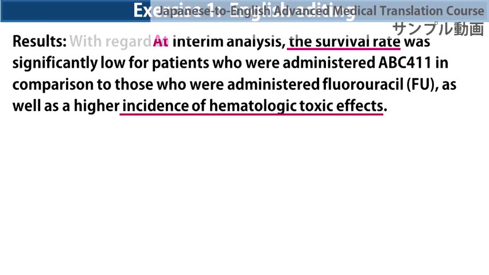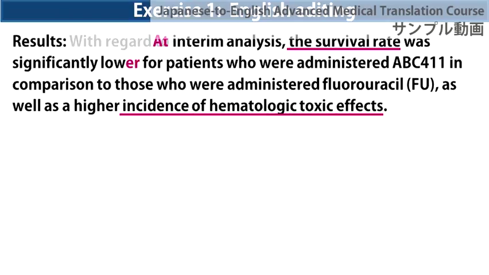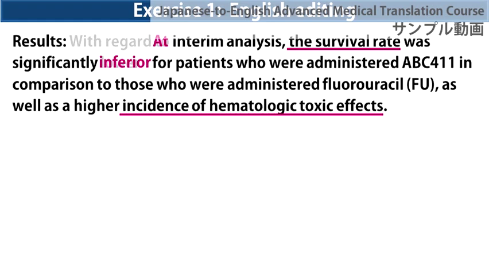Because it's a comparison, we should say lower rather than low. However, in this case, we can say significantly inferior. It sounds even better. And we want to use parallel structure as much as possible.